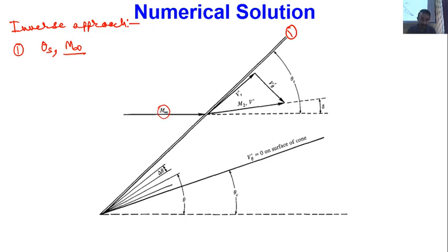Now what will be happening? This is the direction of the free stream velocity, and this is downstream. On the downstream of this, the flow will bend. So say this is my new direction and new velocity v dash. In reference to the free stream, let's consider that the flow has deflected through angle delta.